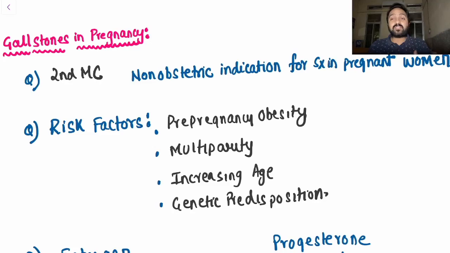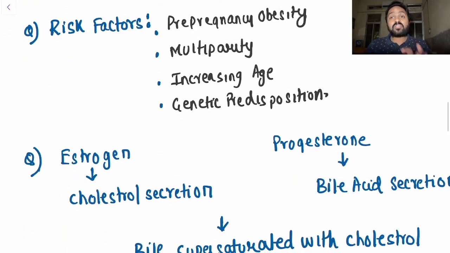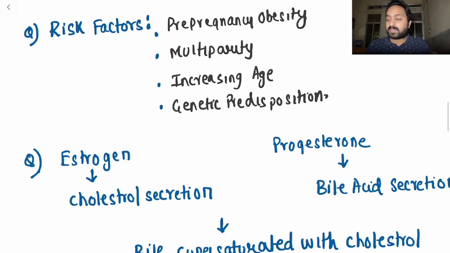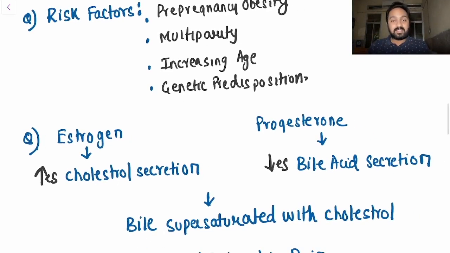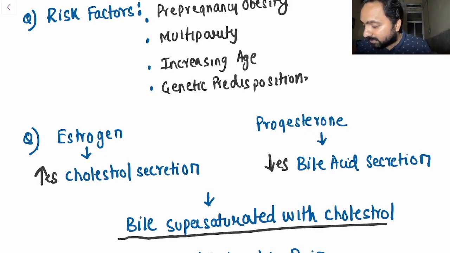Now, why do gallstones form? Because of the hormonal effect. Estrogen increases cholesterol secretion and progesterone decreases bile acid secretion, as a result of which the bile becomes supersaturated with cholesterol.